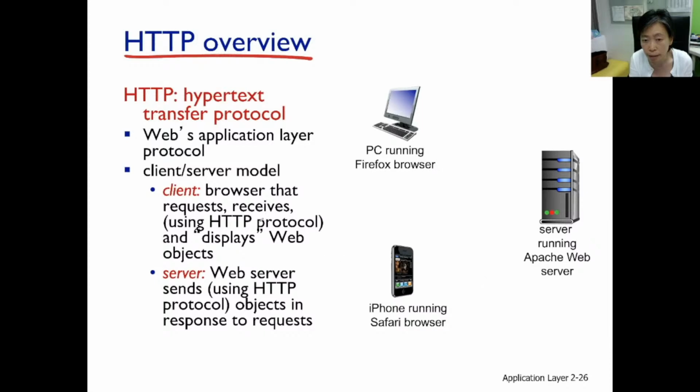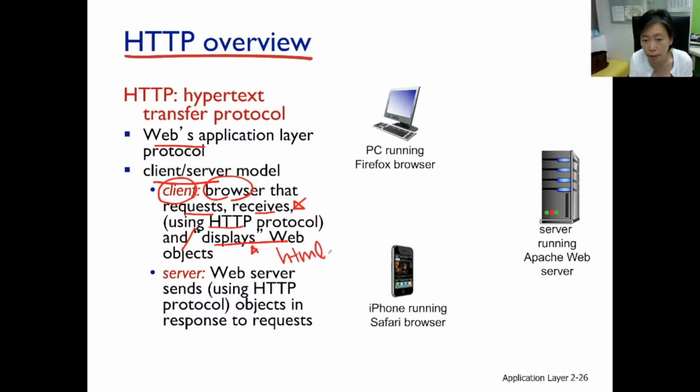The HTTP protocol, which supports the web application, runs in the client-server model. The client here is essentially the browser. The browser requests web objects and in turn receives web objects, of course using the HTTP protocol. Another task the browser does is displaying the web objects. Just to clarify, passing these messages and web objects is the HTTP protocol's job, but displaying web objects is something else's job.